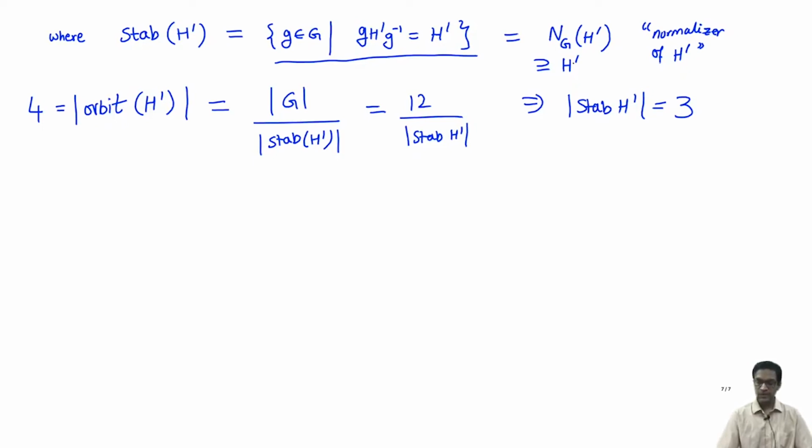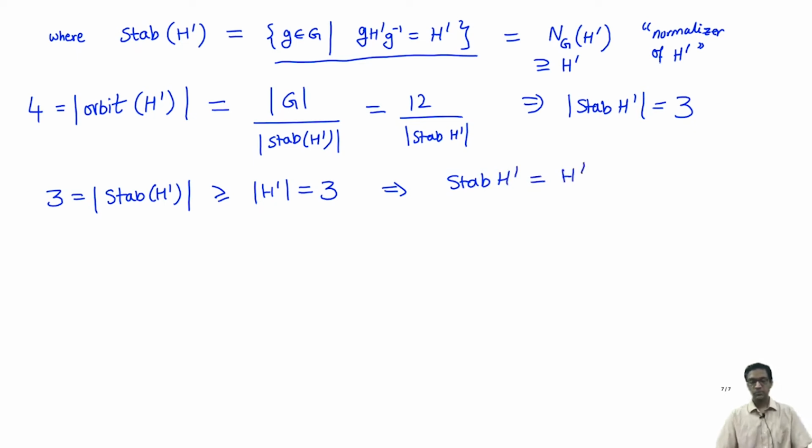Now the subgroup has cardinality 3 as well. So we have just concluded that the stabilizer of H prime has cardinality 3, but on the other hand the stabilizer contains the original subgroup H prime whose cardinality is also 3. This can only happen if the stabilizer is H prime itself. So for any 3-Sylow subgroup, its normalizer, or the stabilizer for the conjugation action, is itself.